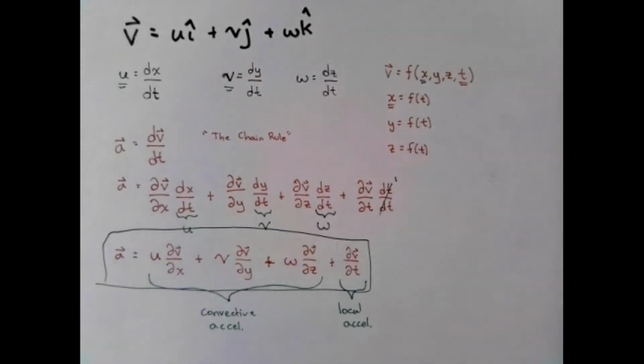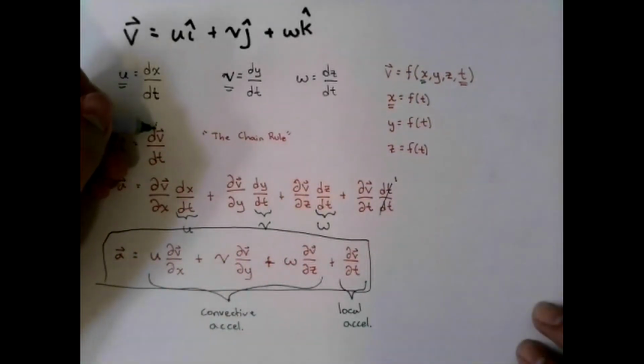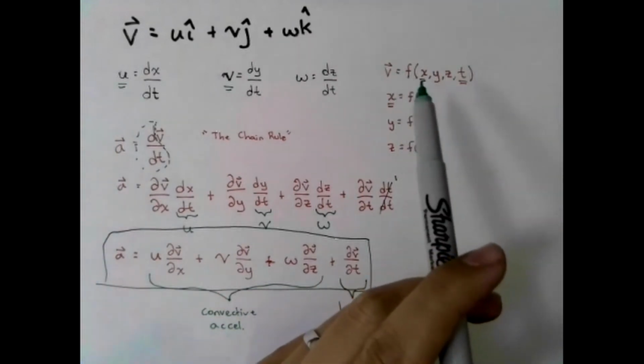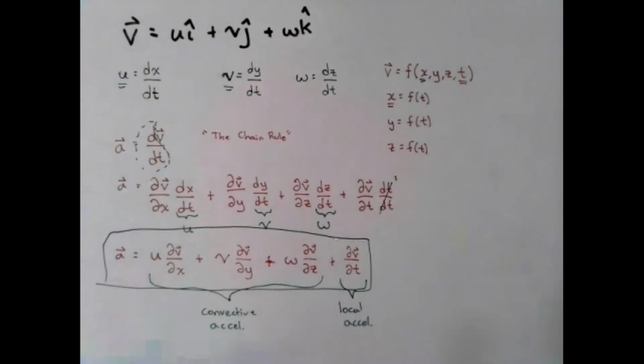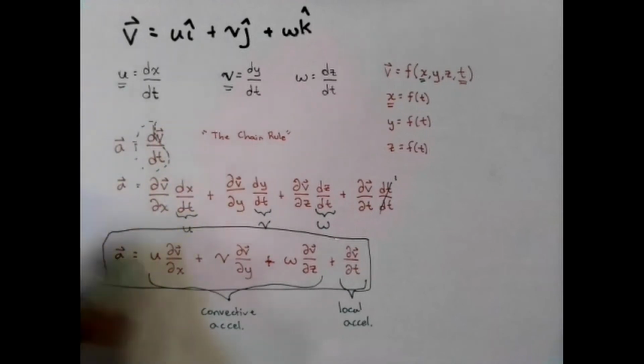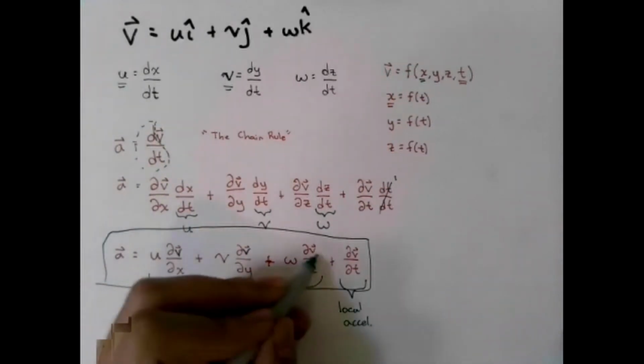Now, this derivative, the derivative of a particle or a property with respect to time, whatever property you choose, if your property depends on x, y, z, and t, it's going to look something like this, right? The only difference is that wherever you have your velocity vector, you're going to have whatever it is you're deriving.